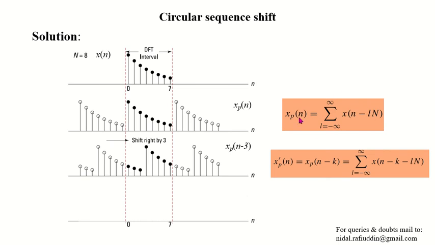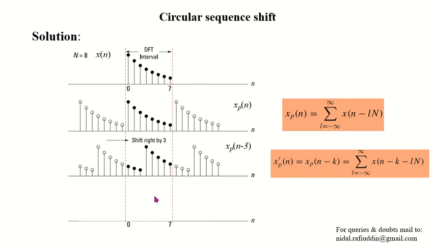Now finally, in order to obtain x dash n, x dash n will be equal to xpn minus 3 for small n varied from 0 to 7. So we will be talking about this part only, while x dash n will be 0 for all other values of small n.